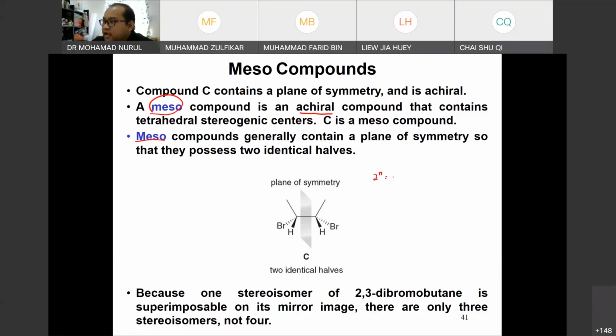In this case it is 2 to the power of 2, which is 4. In theory we propose this compound has 4 stereoisomers, but you have to check among the stereoisomers. In this case there is only one meso compound. So instead of 4, it becomes only 3.